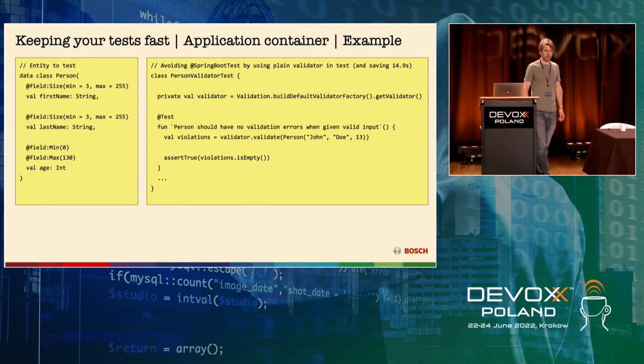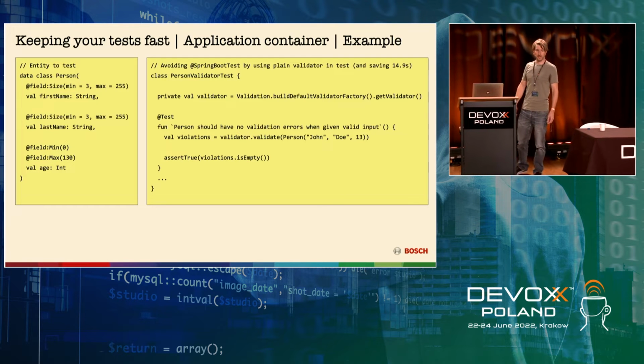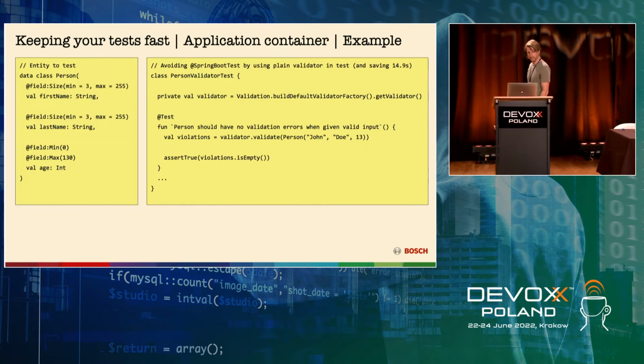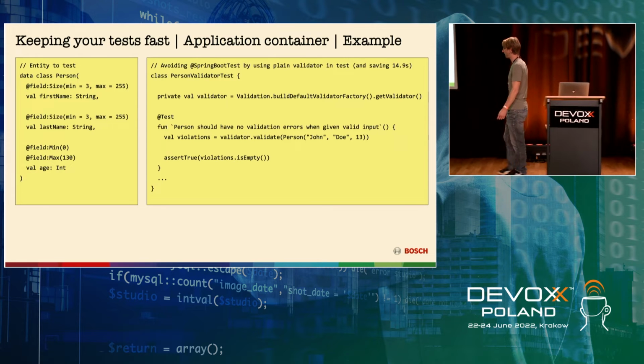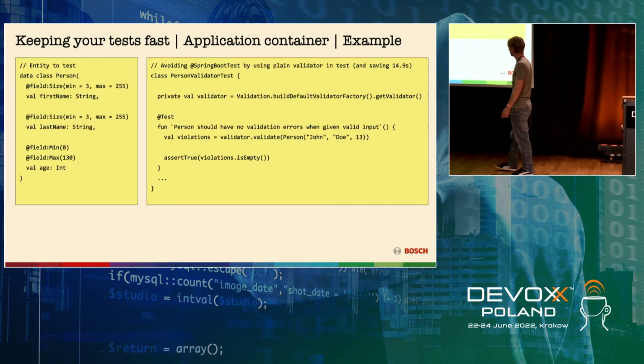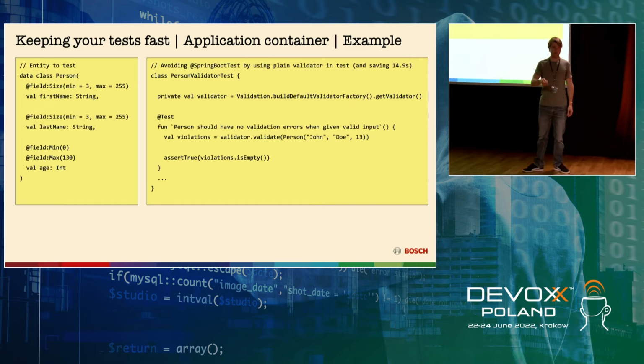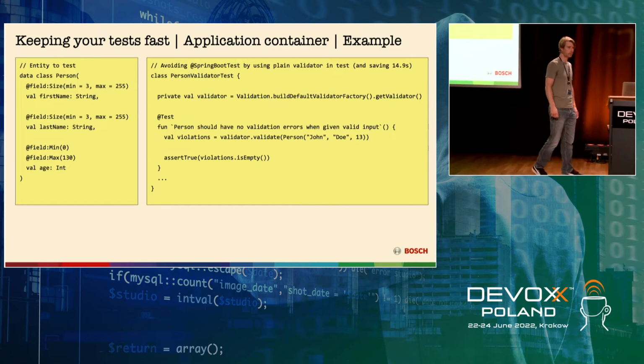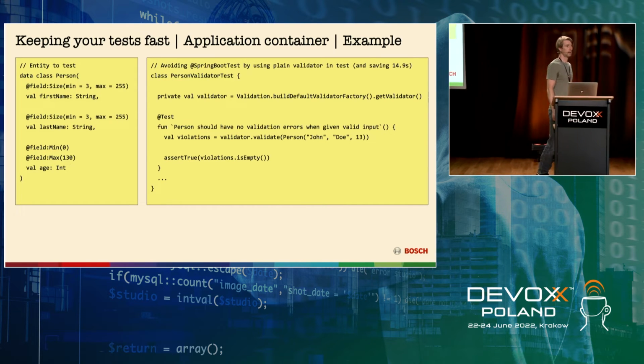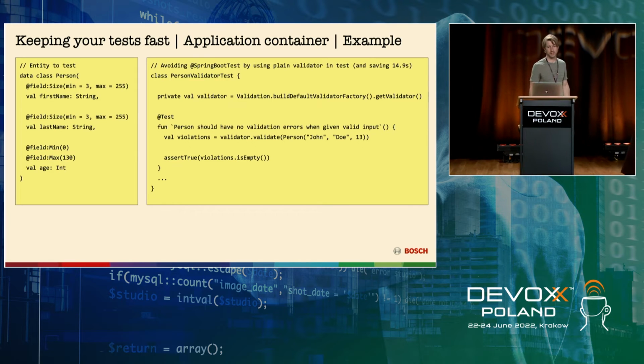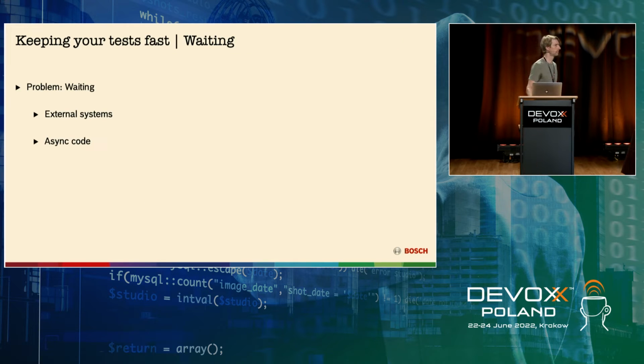There is this validator factory. You can instantiate a validator with that factory, just pass the object into it, and then it will give you a list of validation results, and you can check if everything was fine, basically.